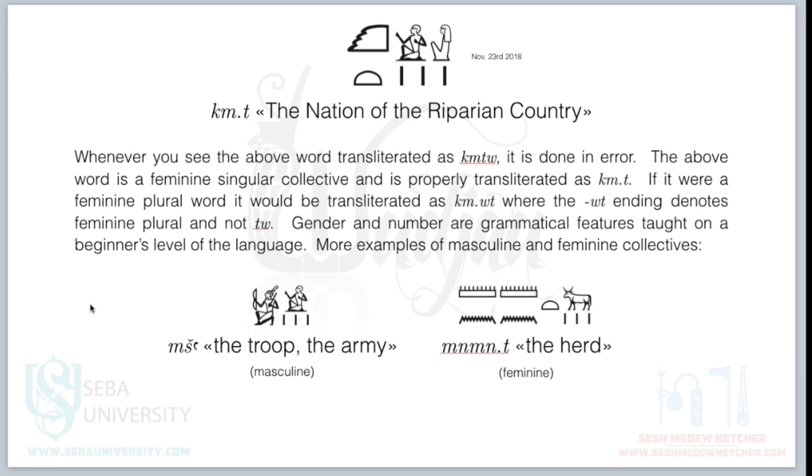So there was a thrust, a push to prove that the ancient Egyptians were indeed black and they were African. So the name Kemet was propagated to mean the land of the blacks.